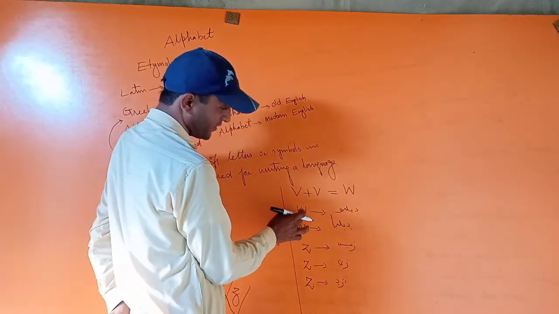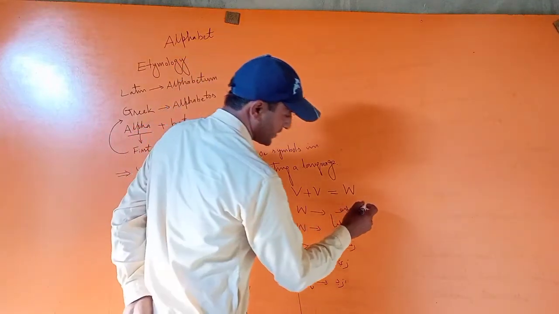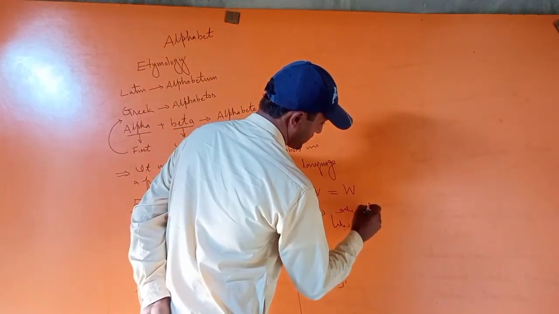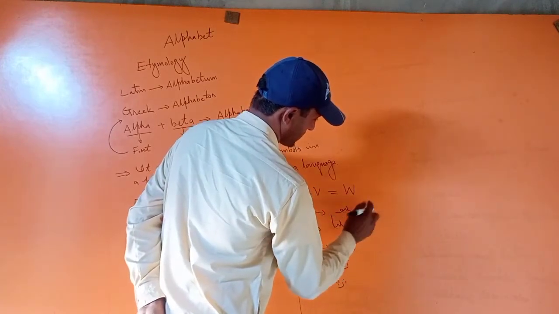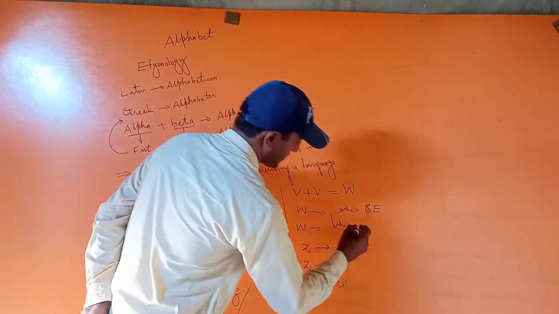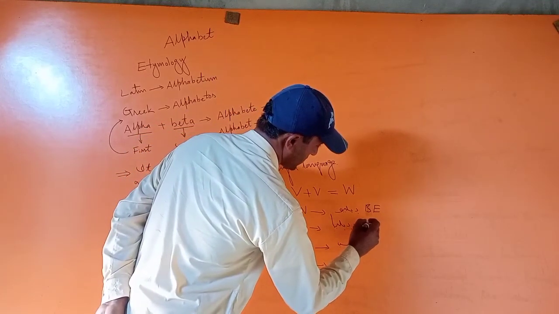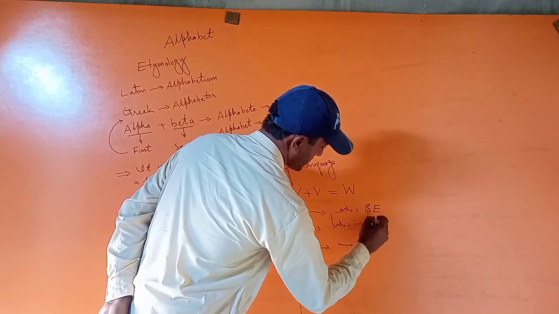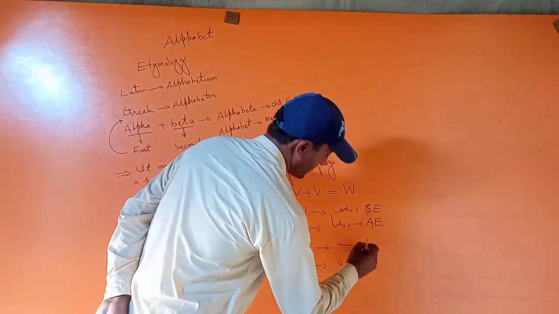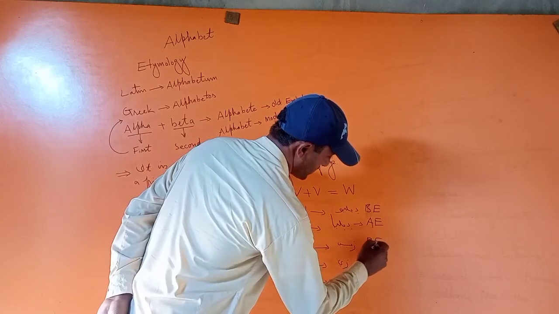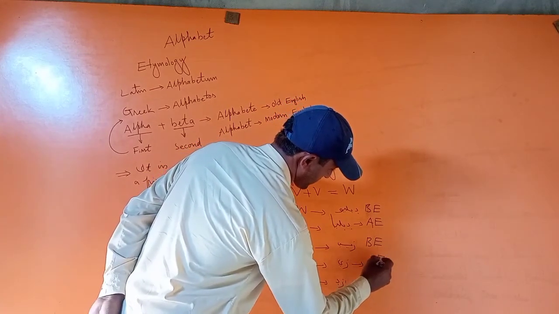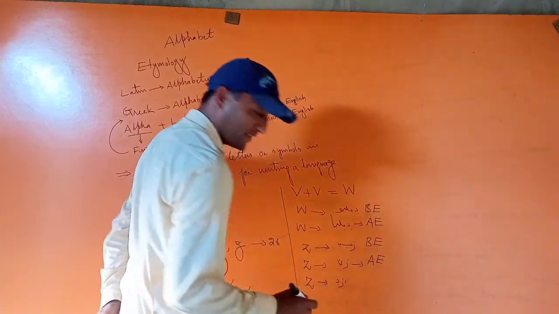Some are pronounced in British English, and some are pronounced in some states of America, which is American English. Z is also British English, while the other Z is American English. And the last one we can say is Scottish English.